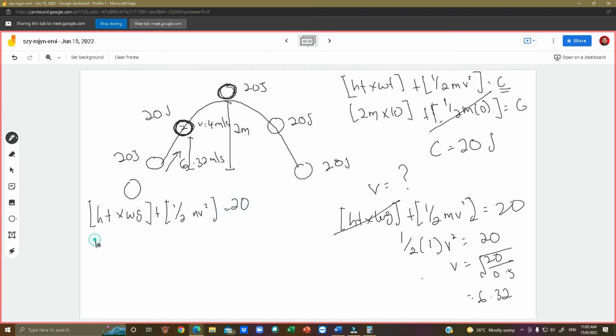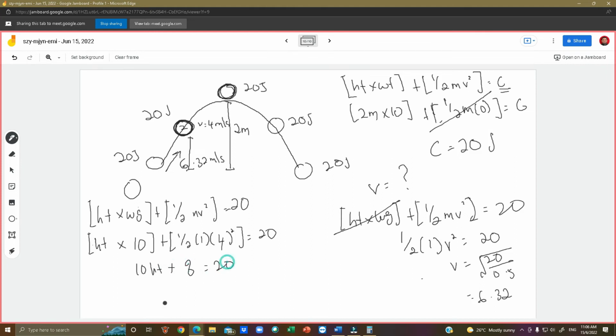So height kita tak tahu, times dengan weight dia, 10, plus half. Now it is mass. Okay, mass is 1, velocity is 4 square equals to 20. So 10 height, setengah, sorry, ni kenapa saya letak V pula, 4 lah. 4 kali 4, 16, setengah kali 16, you are going to get 8.